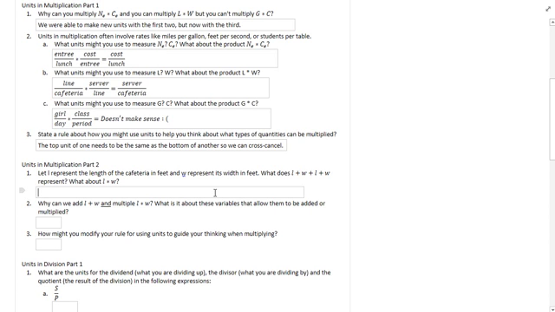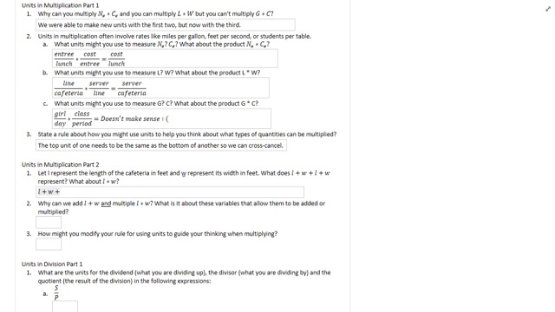Let's move on to a special case of multiplication here. We have L representing the length of the cafeteria in feet, W representing the width. So nothing that's from our table, but it's something that we can definitely imagine here. If I were to add up L plus W plus L plus W, think about maybe drawing a little box, what that actually means.